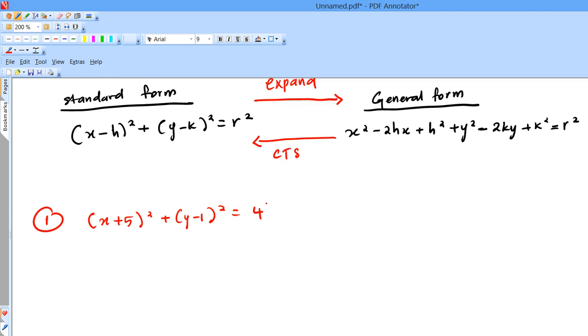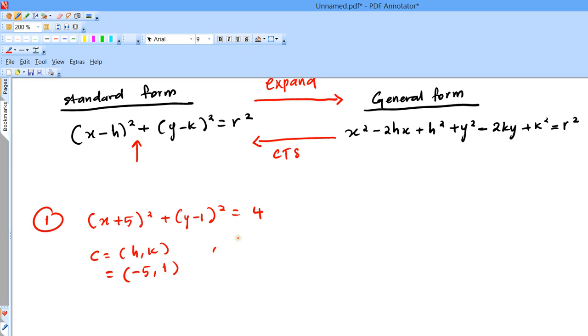Based on the general standard form, (x minus h) squared plus (y minus k) squared equal to r squared, the center is (h, k), so h equals negative 5 and k equals 1.